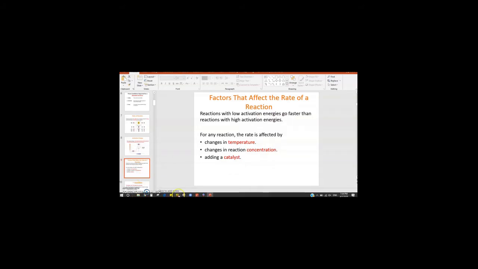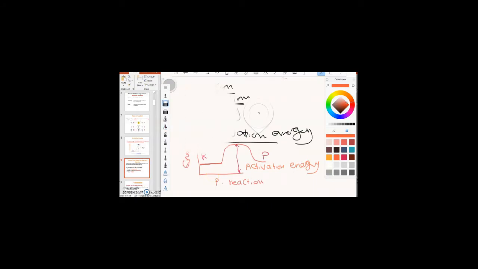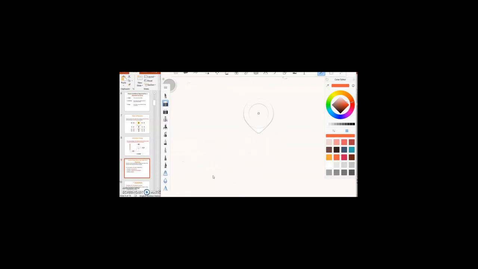There are factors affecting any reaction. So there are different factors affecting any reaction. The first one is the temperature.